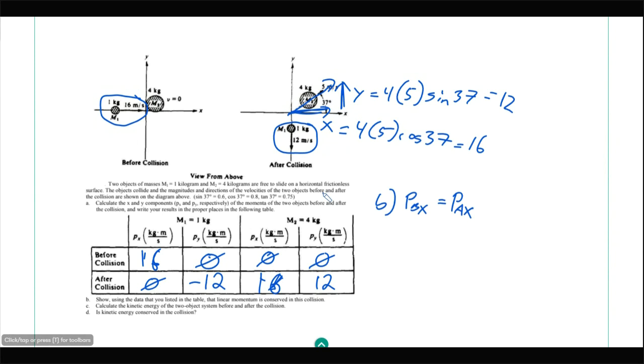So beforehand would be 16 plus 0. Does that equal, so I'm adding the px before for both m1 and m2. Afterwards, I have 0 for mass 1, and I have 16 for mass 2. 16 equals 16. That one checks.